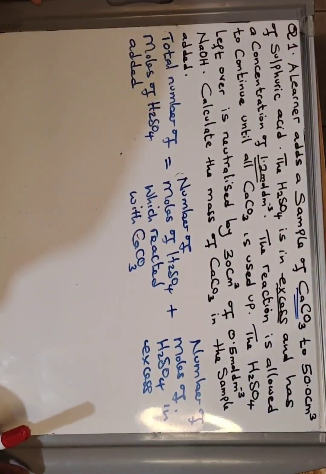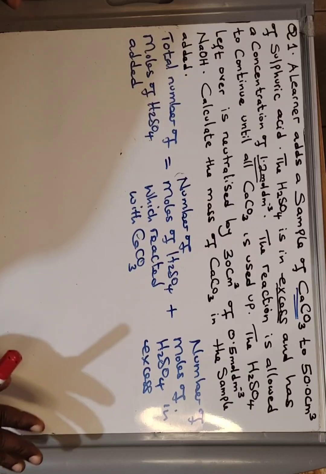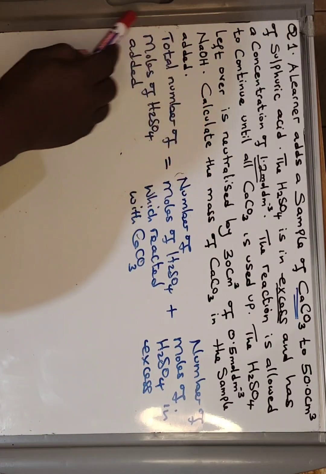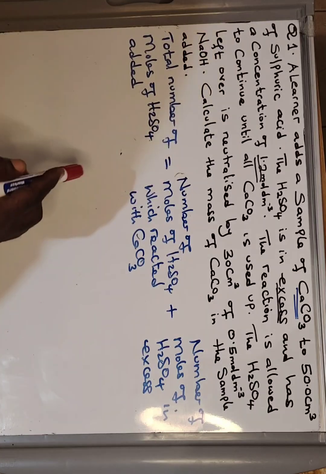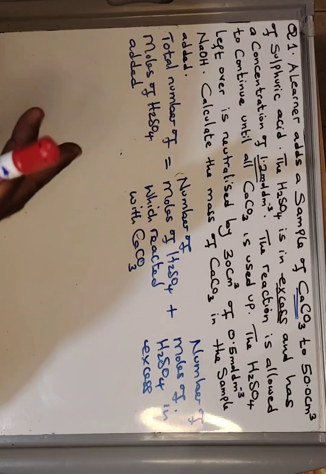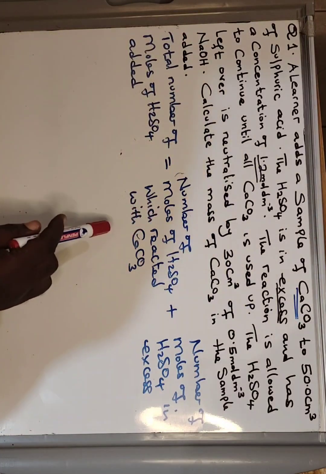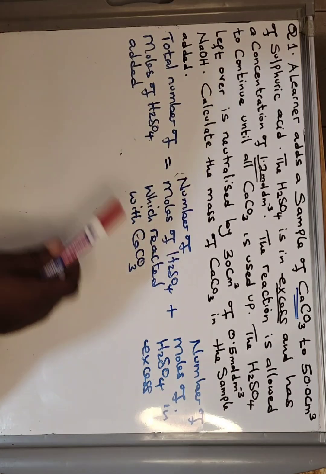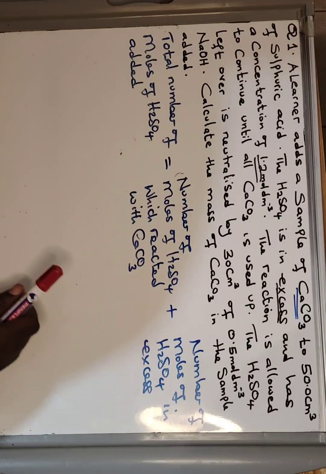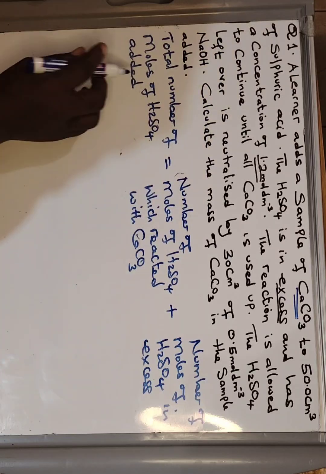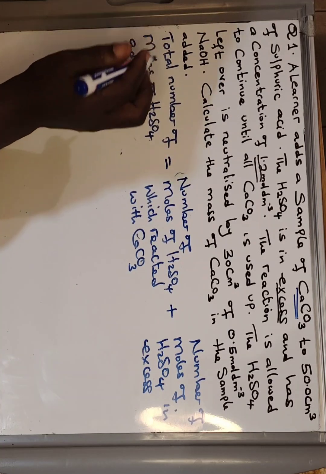So this is what we get from the discussion we had. Your sulfuric acid was supplied, and this number of moles is known. The supplied sulfuric acid is divided into two parts: part of it reacted with calcium carbonate, and part of it is in excess. So let us see how we can go over this. You have the total number of moles of sulfuric acid supplied. Why?